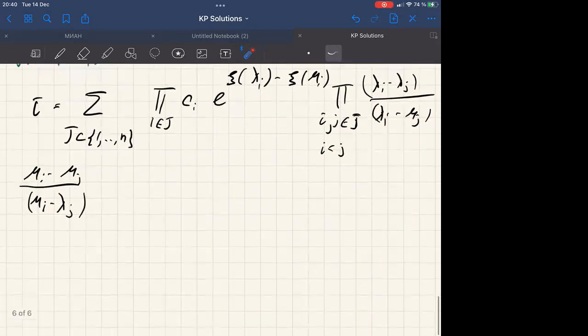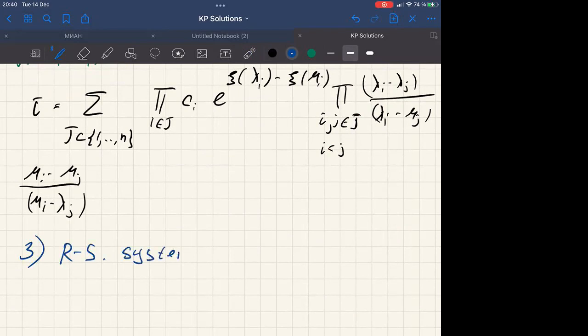Okay, now let me obtain the next part, the Reginald-Snyder system. This is a bit tricky, I guess.